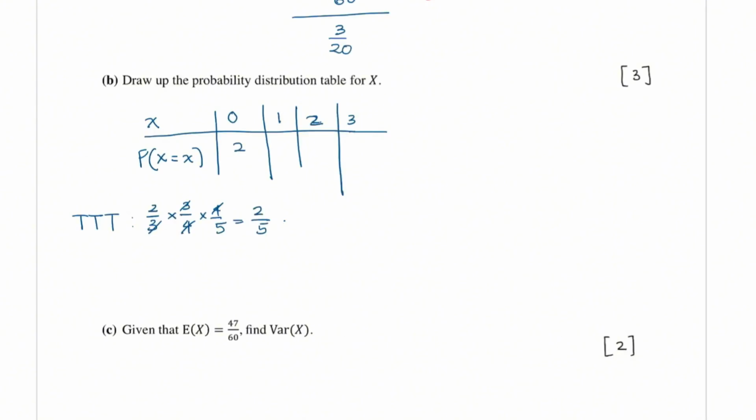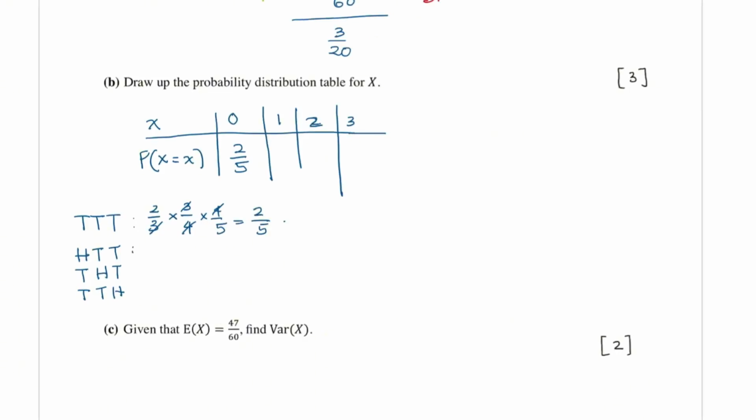I'll write it here. What is the probability of you getting 1 head? Getting 1 head means that you're getting a head on the first coin, second and third are both tails, or tail on the first one, second is a head, third is a tail, or first one is tail, second one is also tail, and the third one is a head, right? And what is the probability?